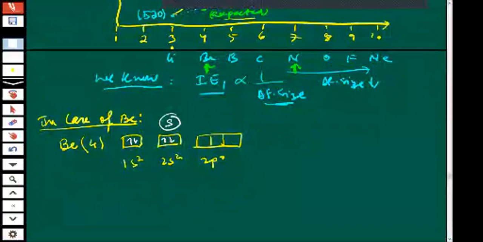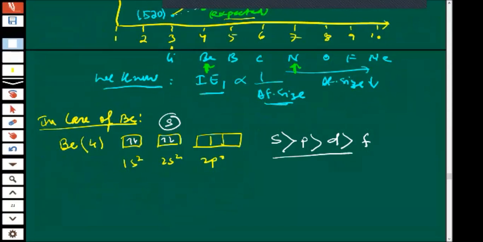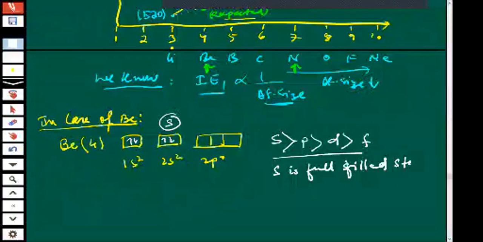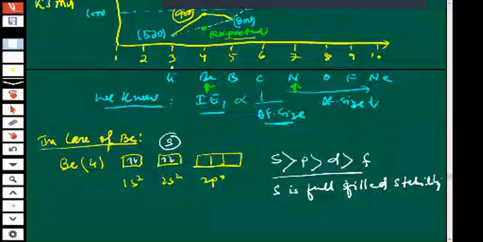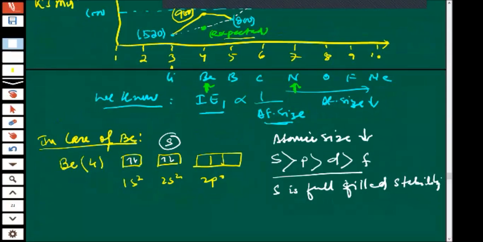And you know the order, that it is difficult to remove from s, then p, then d, and then f. And also, s is fulfilled, it has fulfilled stability. So in case of beryllium, first of all, atomic size is less, so ionization energy will increase.